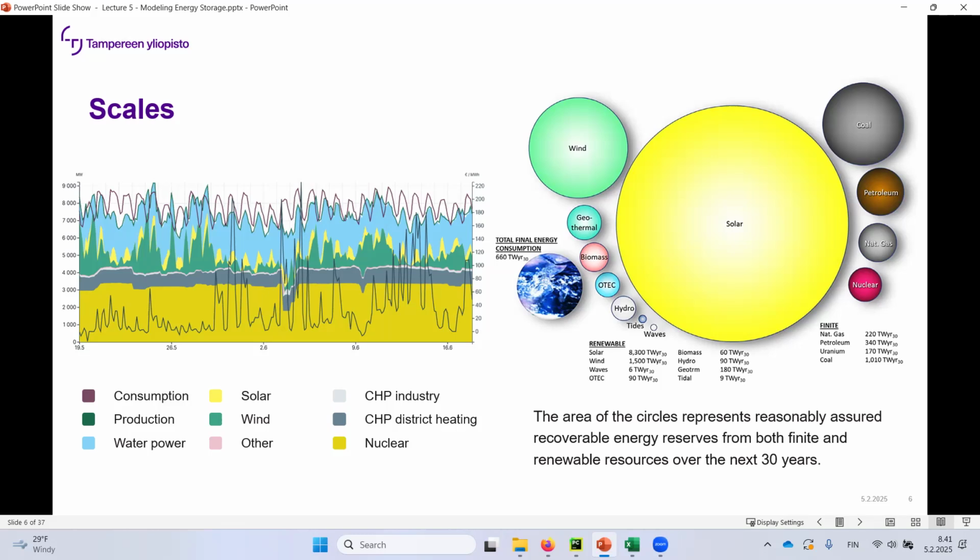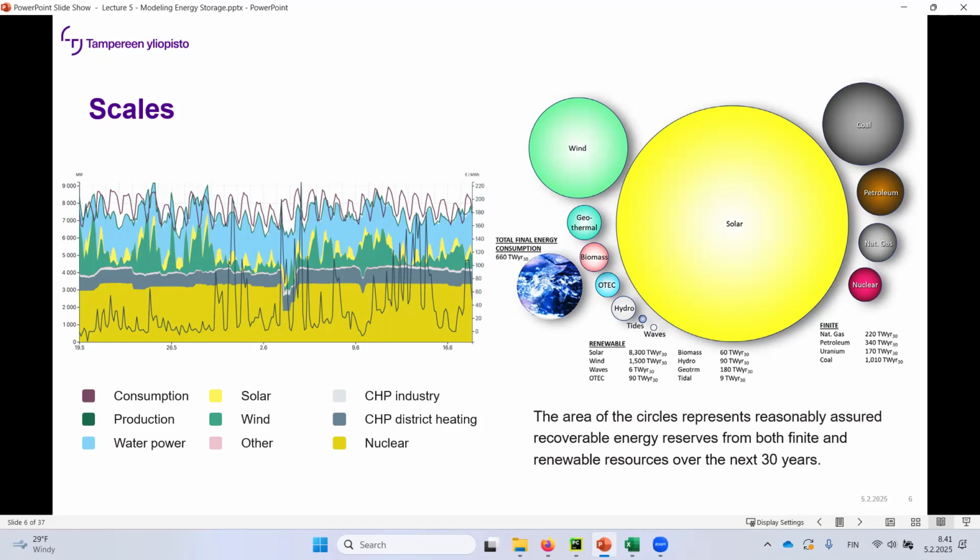And the potential for solar and wind energy. This is the one that I showed you, I think, in the first lecture. The area of the circle represents reasonably assured recoverable energy reserves from both finite and renewable resources over the next 30 years. So over the next 30 years, you could cover everything with wind.